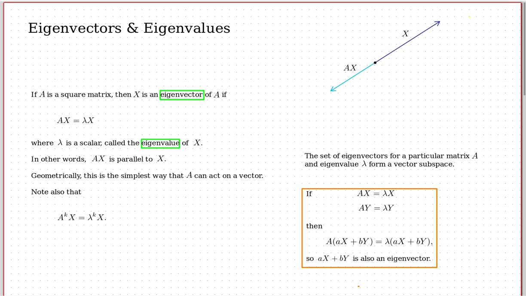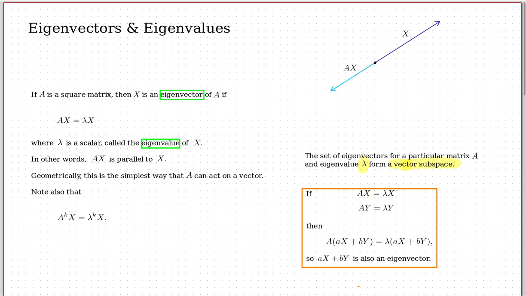It's worth pointing out that the set of all eigenvectors for a particular fixed eigenvalue lambda actually form a vector subspace, which means that these vectors that all have the same eigenvalue lambda, you can add them, or in fact take linear combinations of them, and you still get another vector in the same vector subspace, meaning that it will also be an eigenvector with the same eigenvalue.